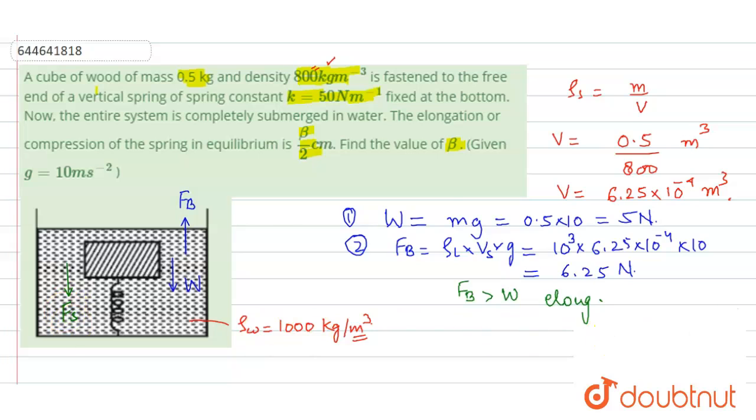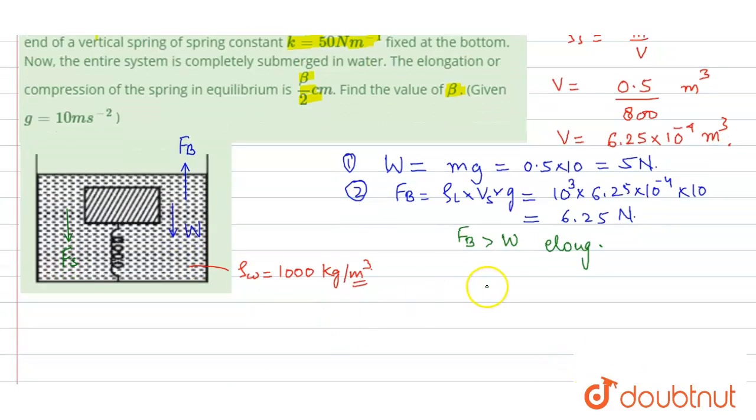If we apply equilibrium, what will happen in that condition? Since Fs will act downward, because the spring is elongated, the spring force will be acting downward. The spring will be trying to pull this backward. So spring force plus weight has to be equal to the buoyant force.